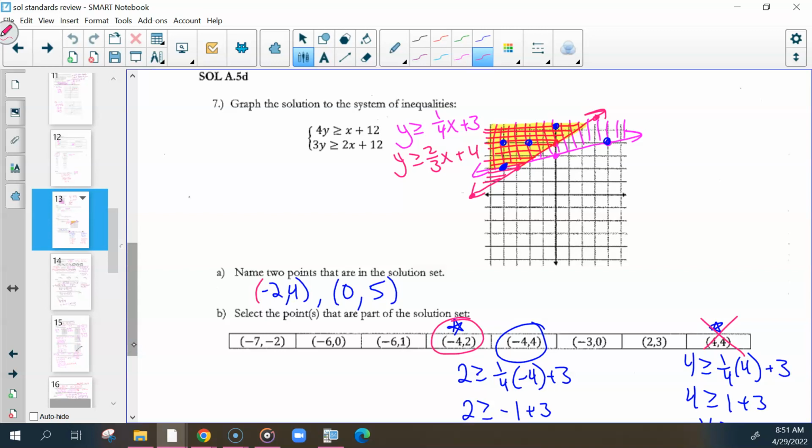For A.5d, this is systems of inequalities. Almost all of these could have been done in Desmos because it'll graph it for you. For the ones where you actually have to graph, you would have needed to copy that graph onto here.